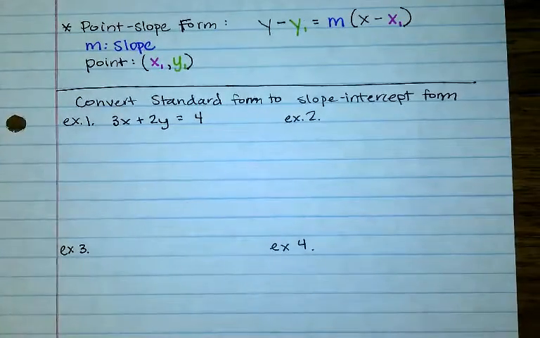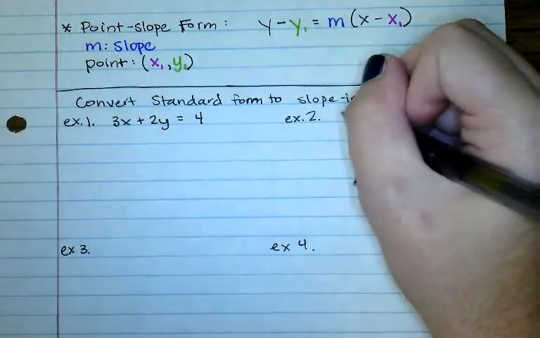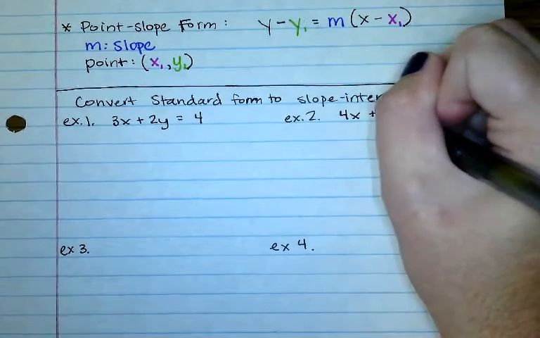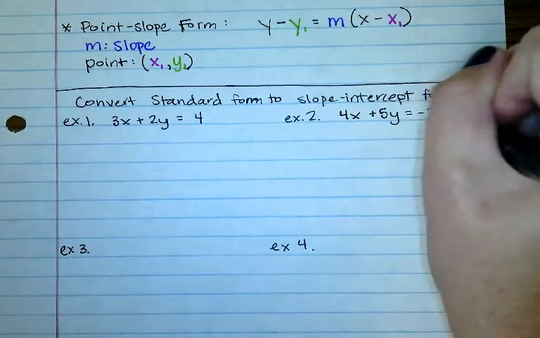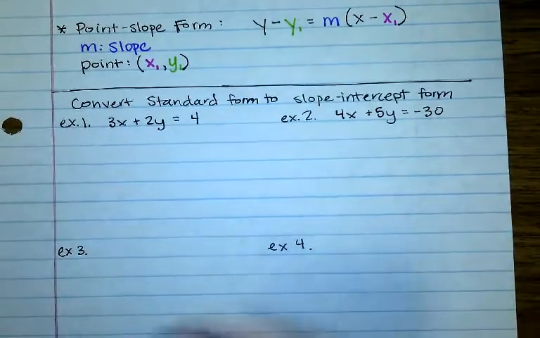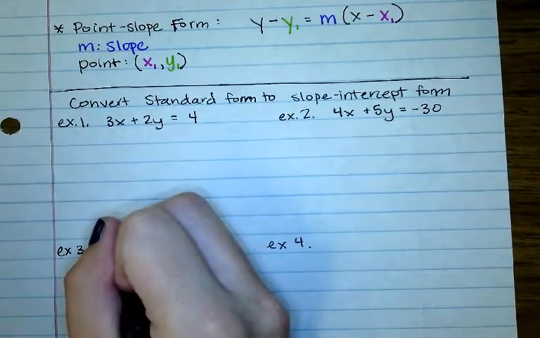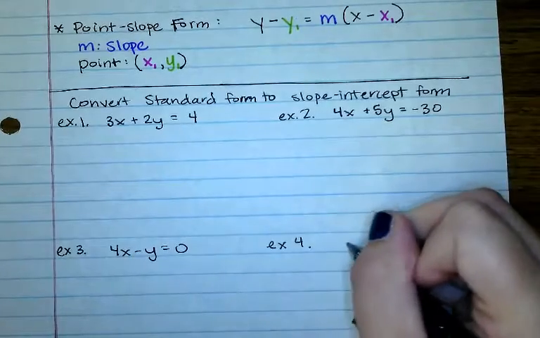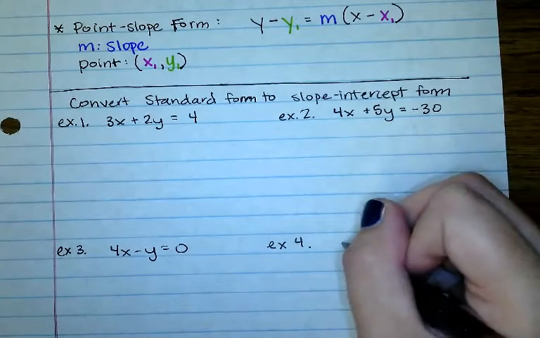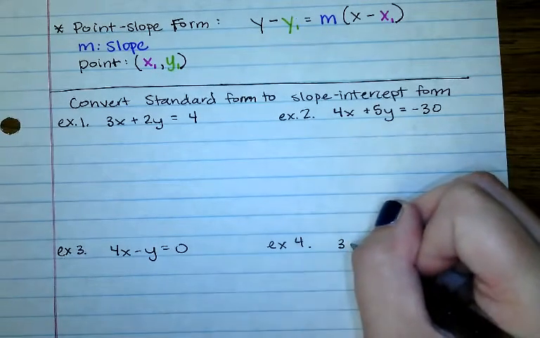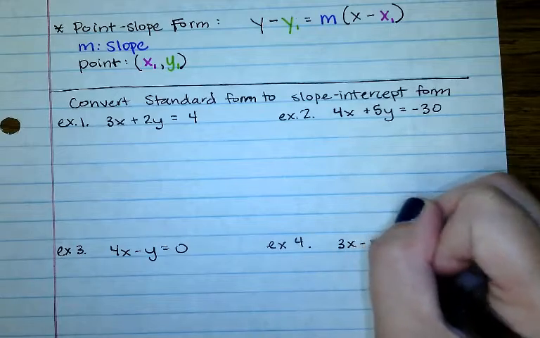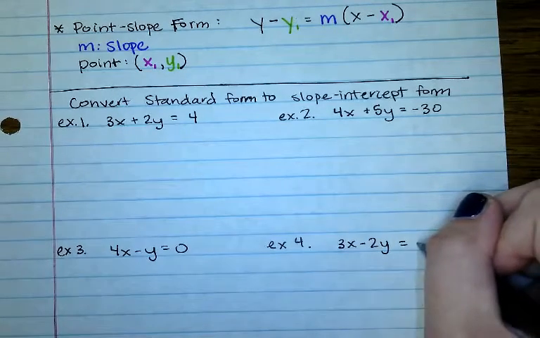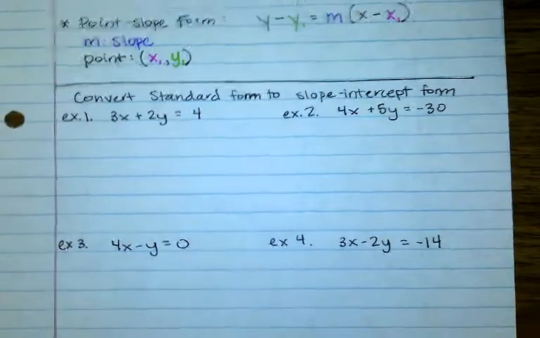I'm going to go ahead and fill in all of the examples that we have. We also are going to do 4x plus 5y is equal to negative 30. And we're going to do 4x minus y is equal to 0. And our last one that we're going to do is 3x minus 2y is equal to negative 14. Okay, so we're going to try these guys right here.